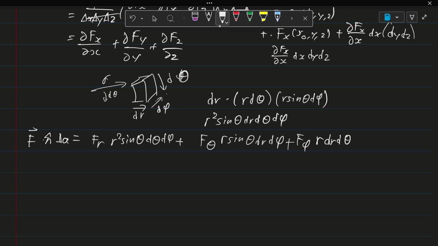So if you sum them all up, using the same logic as before, if there are changes in the value, you could add the partial derivative and multiply that by another dr or any type of value.